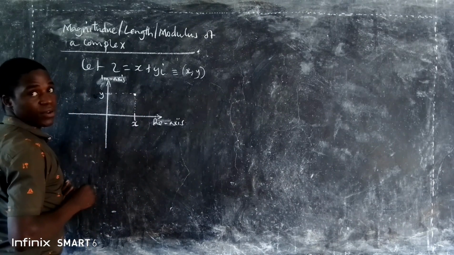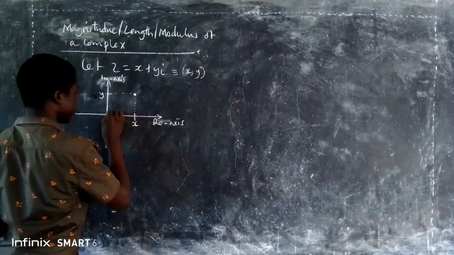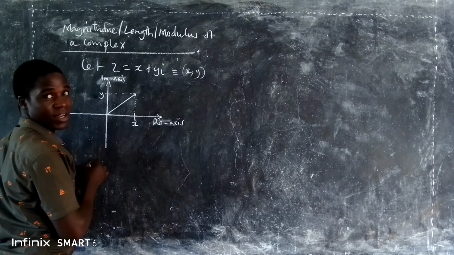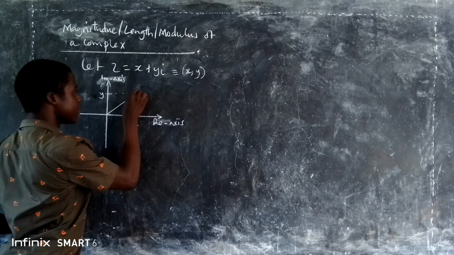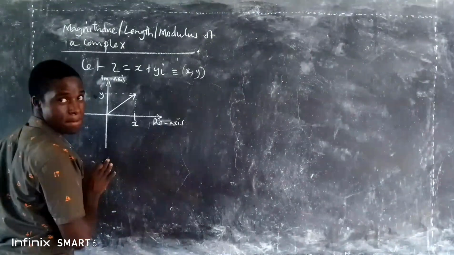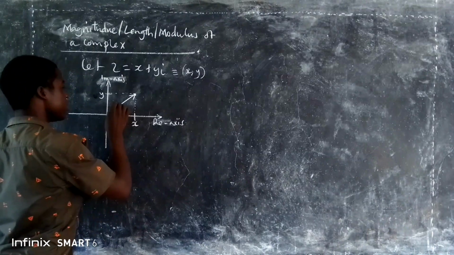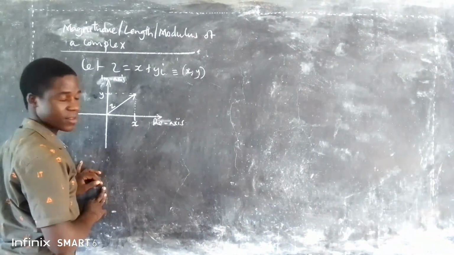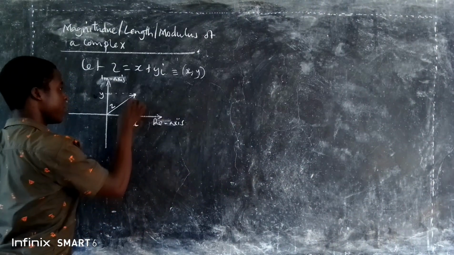That's the point (x, y) we have plotted, and the complex number itself is denoted by a straight line up to the point with an arrow. Note that. This is the complex number we are talking about, z. From here to here is x, and from here to here is y.